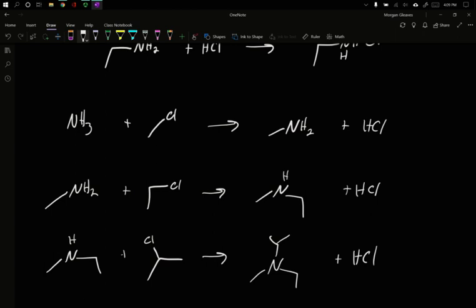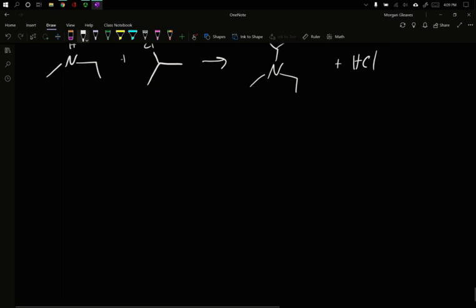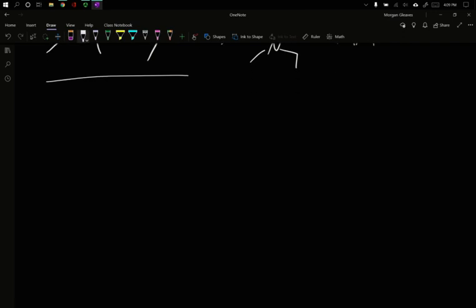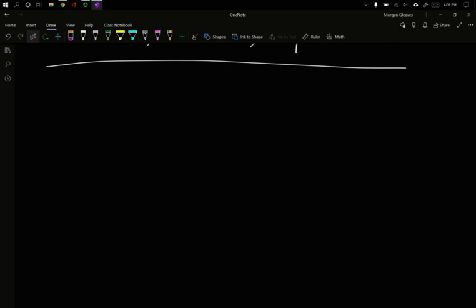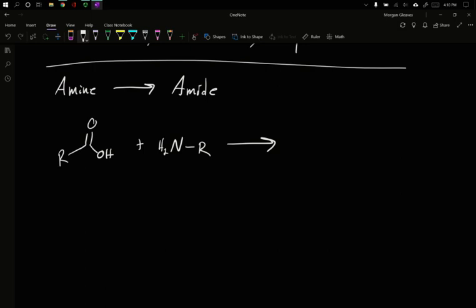So this is how we can form our primary, secondary, and tertiary amines. Additionally, amines, as we said, are really good bases, so they pick up H+. But their best use after this is to form amides. The means by which this happens is a carboxylic acid. A carboxylic acid plus an amine can react with one another.